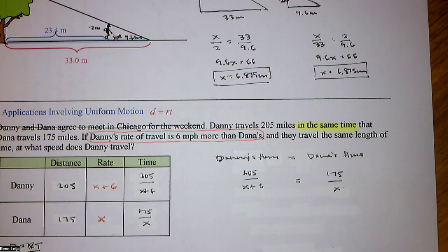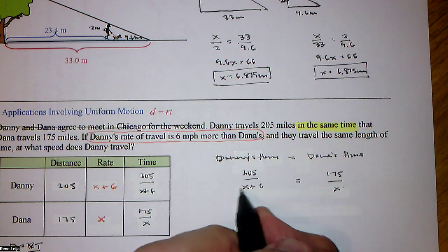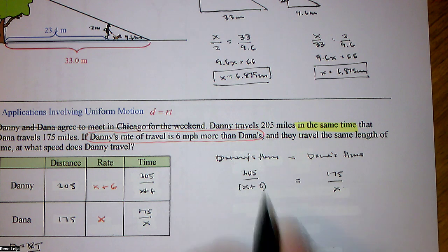Okay, look at what you have. Here's a little binomial. Now, I could solve this by finding the LCD, but sometimes that can be a pain. But here we have a ratio set equal to another ratio. This is a proportion. So how do we solve proportions? Just like we did earlier, we solve proportions by cross multiplying.